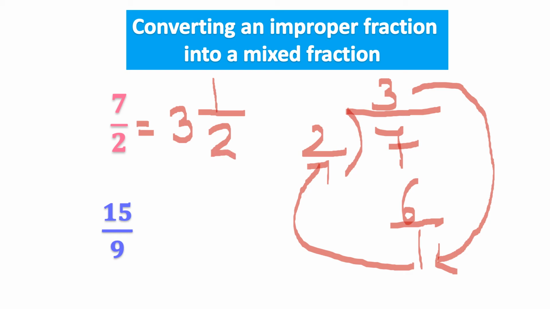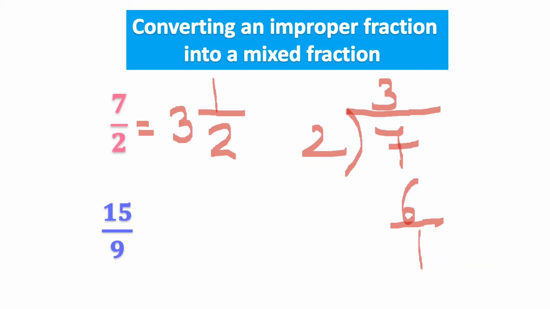First I went from 3, then I went to 1, then I went to 2. So that is the direction I went in, right? Let's look at the direction once more. 3, 1 by 2. So that is how we have to solve and make this improper fraction into a mixed fraction.